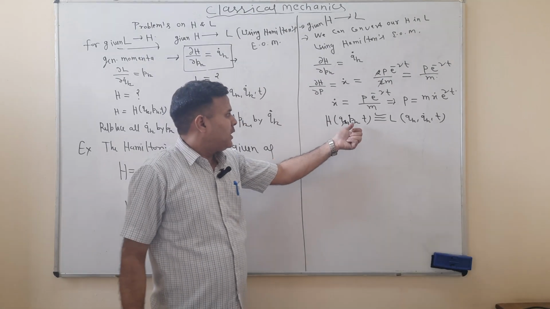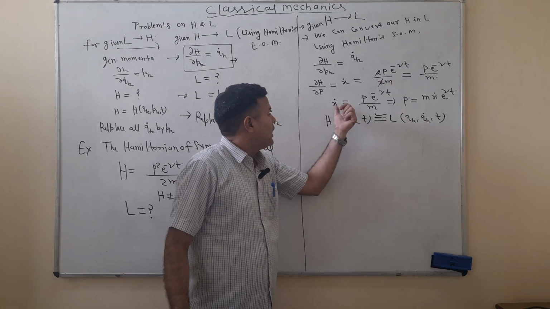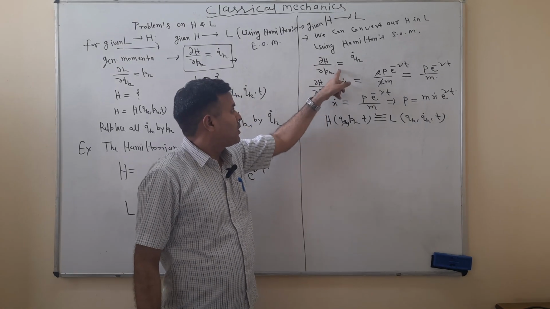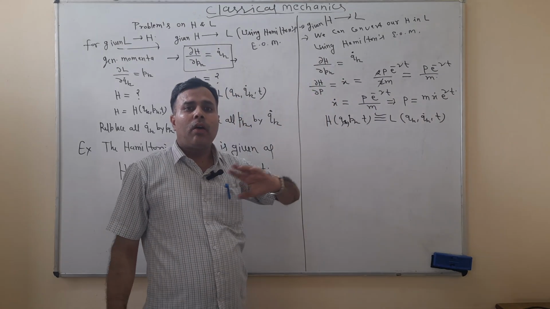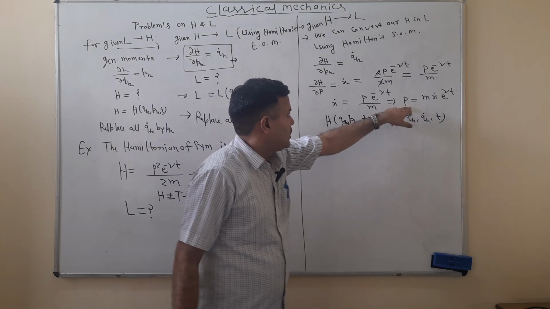So anyhow replace all p_k terms into q̇_k terms. So with the help of this Hamilton equation, we can replace all our p_k into q̇_k.